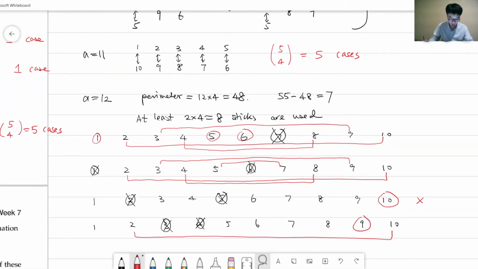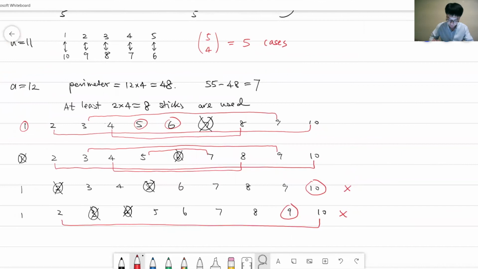We only have 1, 5, 6. There's no way to add a number to 9 to get 12. So this is also invalid. And that's all because we remove 1 stick or 2 sticks, and we discussed all cases. For 12, we have 2 cases. Now let's discuss the last case.